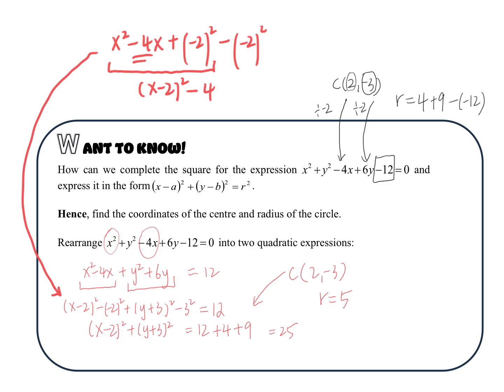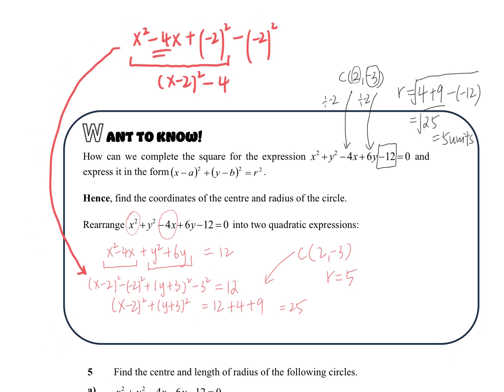We always simplify. So this one is 25. No, I must square root. So it's 5 units. Okay, so that's how you find the answer from general form. Divide by -2 and then follow the formula here.